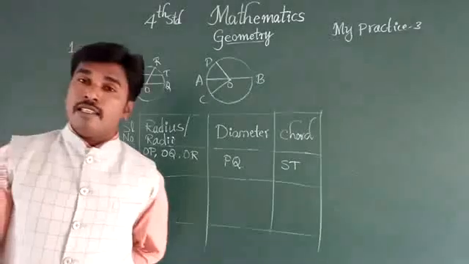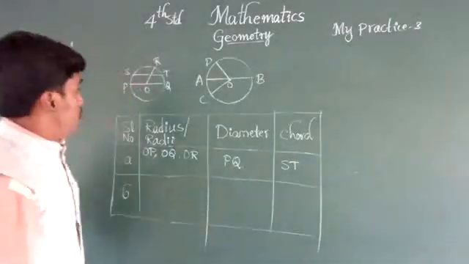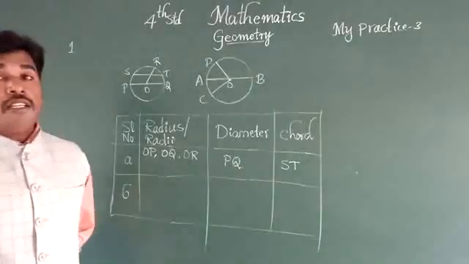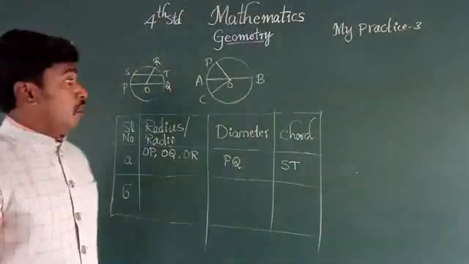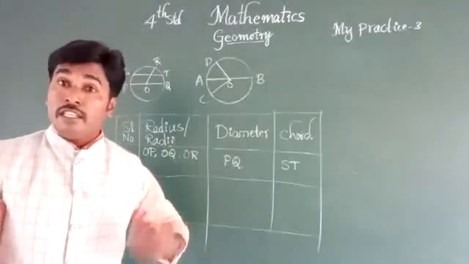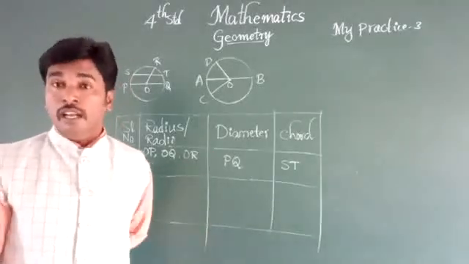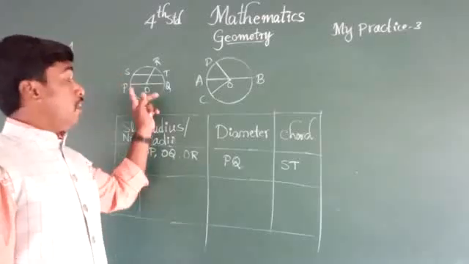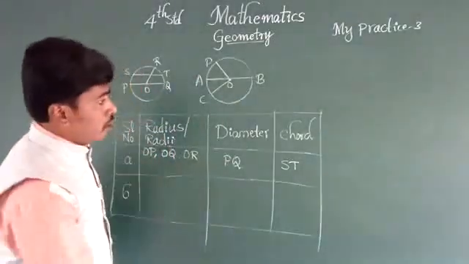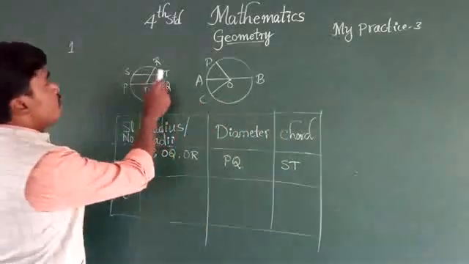In your higher classes, you may say, sir, PQ is also a chord. Yes, it is also a chord, because the diameter is the greatest chord in the circle. Nothing is greater than the diameter. Okay, the chord is ST.